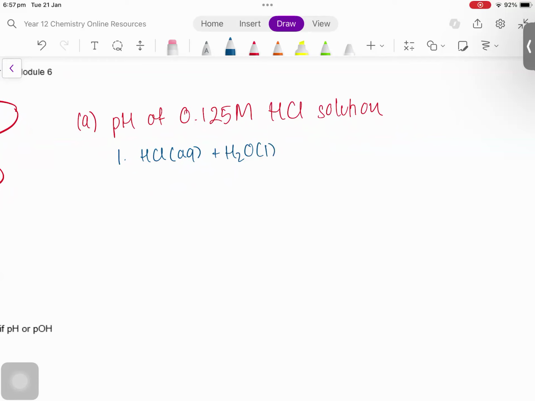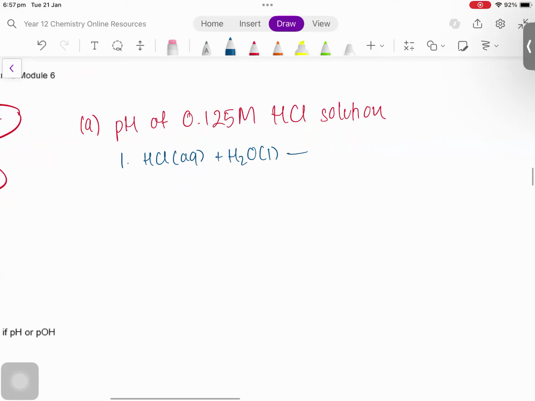Single or double? Single, it's a strong acid, yep. And then Cl minus aqueous plus H3O plus aqueous. Okay, you're going to look at this. They've given you the concentration of the acid, which is 0.125.